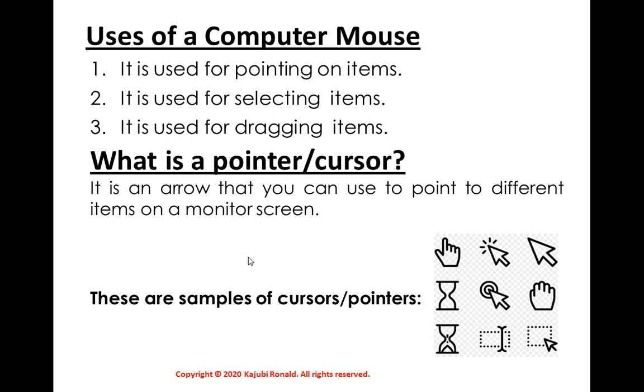It's an arrow that we use to point on different items on a monitor screen, right? And below are some samples of cursors or pointers. As we shall see, when do they come? They always appear depending on what you are doing on a computer, as we shall explain in the next coming lessons.